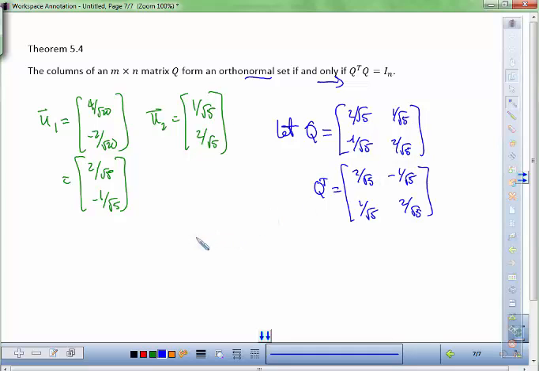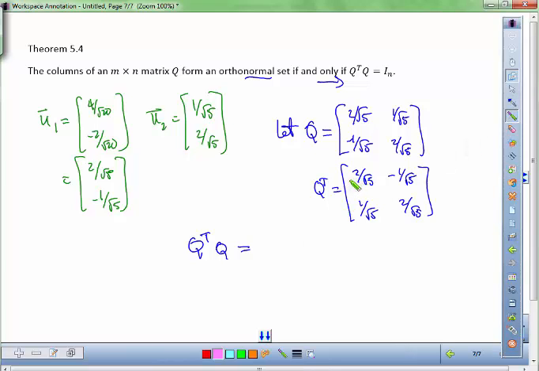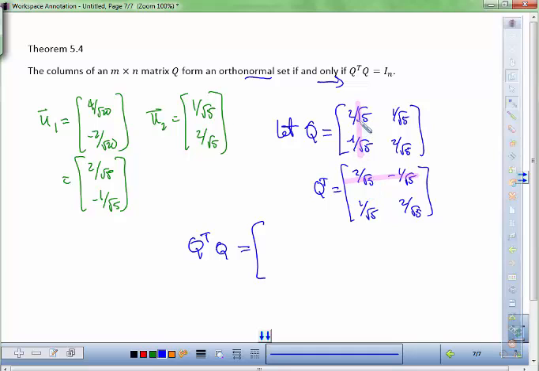All right, so let's multiply this out. Q transpose times Q. It's the row times the column. So it's 4 root 5 minus 1? Wait, what?